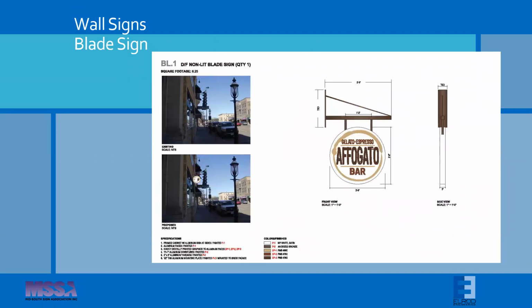Here's an example of a blade sign, of a hanging blade sign. Remember, the blade sign is projecting out from the wall, and the sign can be fixed or it can be suspended. So in this case, the little cabinet of the sign is actually fixed to the support member.